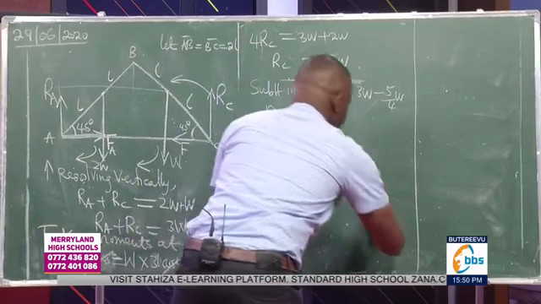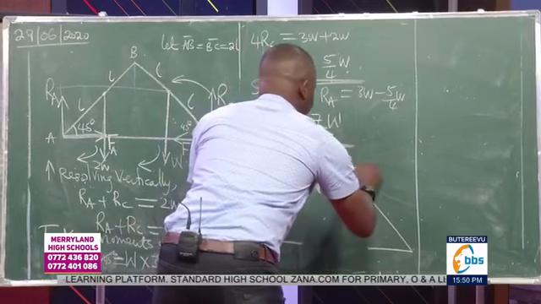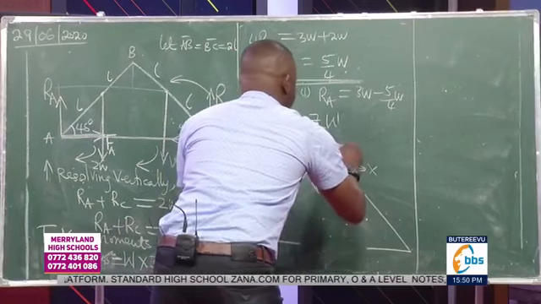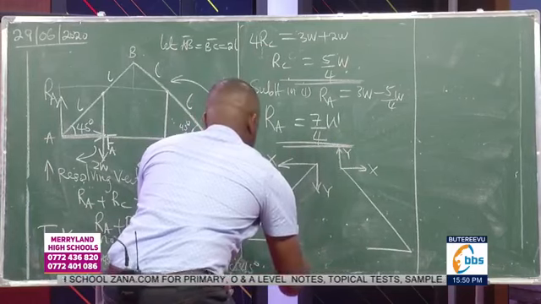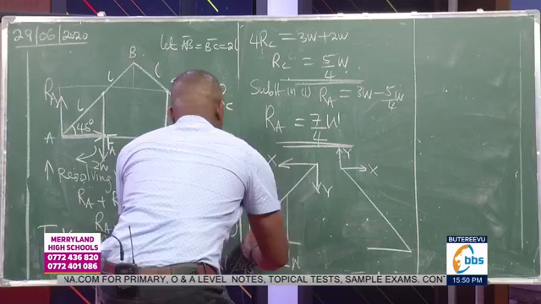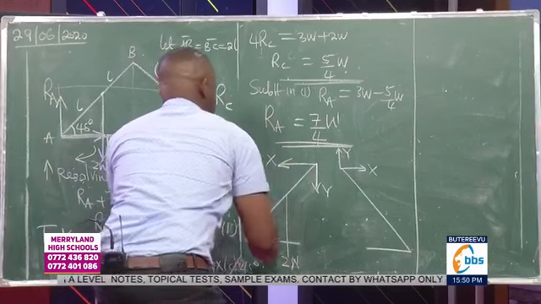When we separate the rods, we shall have this kind of arrangement with x, y, with 2w over here. We have got our RA as 7 over 4 w.